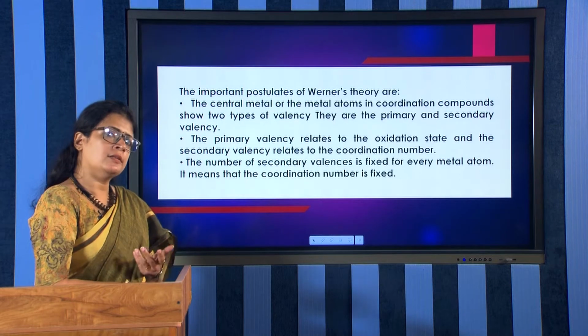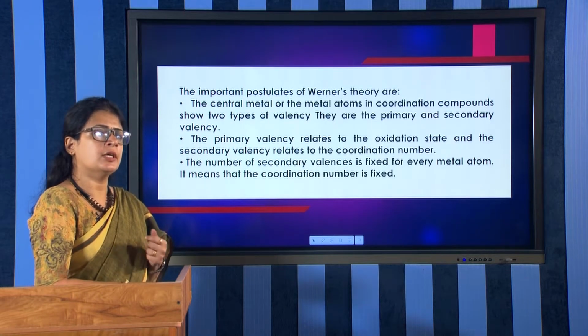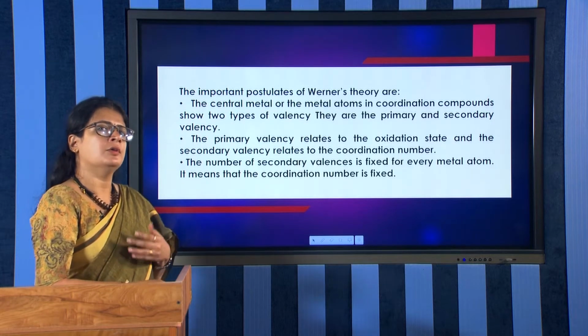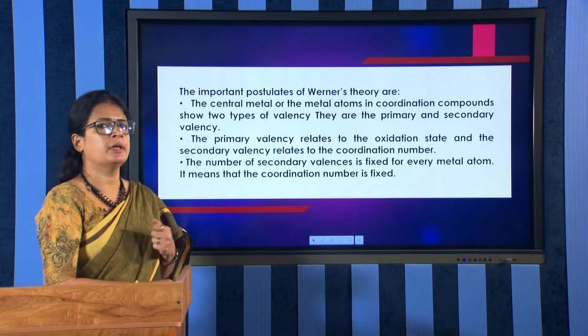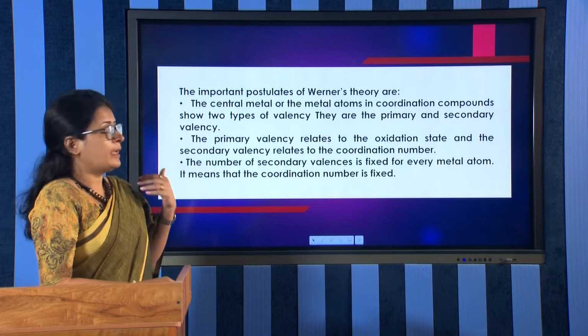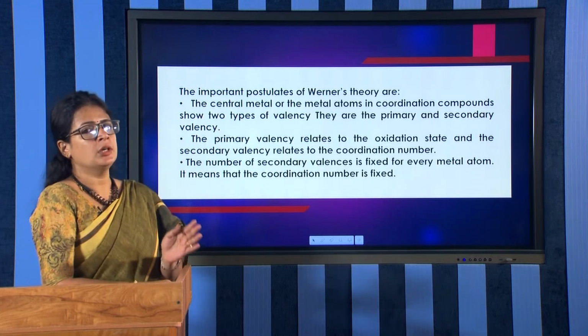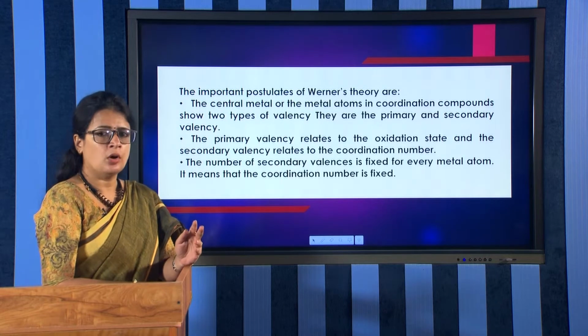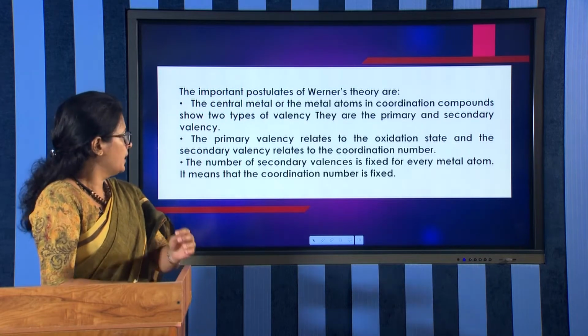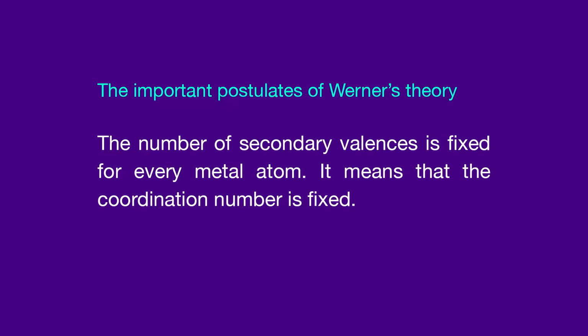In the introductory part of this coordination chemistry, I taught what is oxidation number, what is coordination number, etc. The number of secondary valencies is fixed for every metal atom.